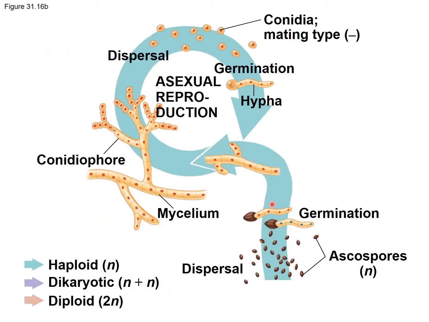Asexual reproduction simply involves these spores being dispersed. They're eventually going to land somewhere and germinate and develop into hyphae. These hyphae start to form the conidiophores themselves. During asexual reproduction, they're not going to fuse with another different mating type, creating that dikaryotic stage.